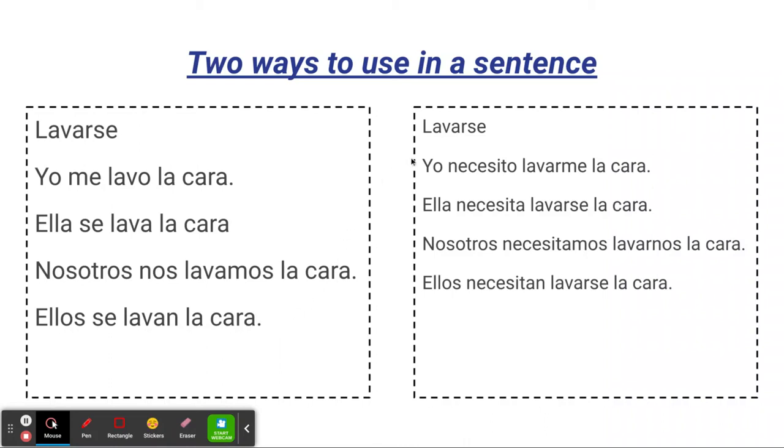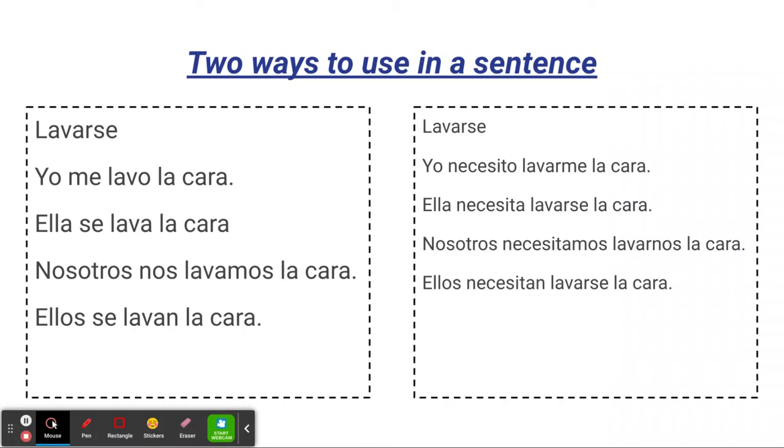We move on to the second way that we can use an infinitive in a sentence. Using the same verb, lavarse, okay? When we have another conjugated verb in the sentence, the reflexive pronoun will be attached to the reflexive verb.